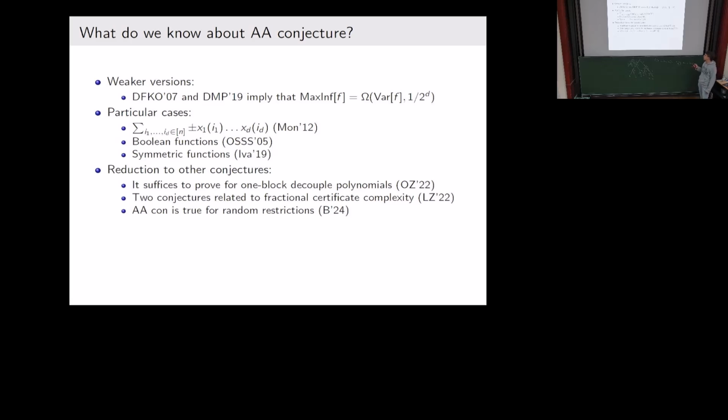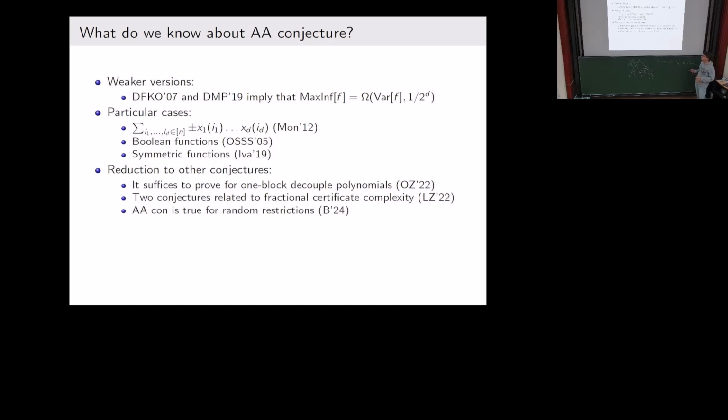For this kind of polynomial, Aaronson showed that it would suffice to prove the conjecture for them, which is nice progress, but still we have not been able to say much about these one-block decoupled polynomials. There is also another reduction by Loget and Sang that says there are two conjectures in fractional certificate complexity, whatever that means, that if proven would imply Aaronson-Ambainis.